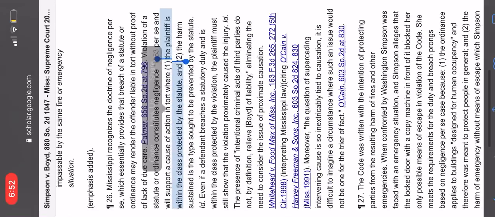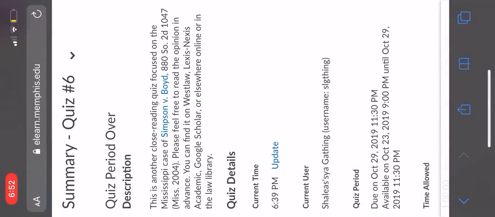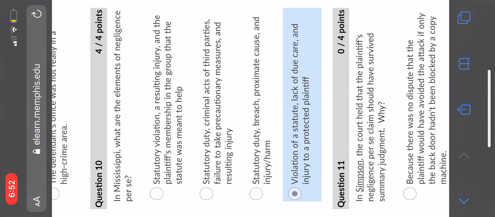So none of those other answers really exhibited that. Let me go back to it. This one tiptoed towards that, but I don't feel like it was specific enough because it just said injury to a protected plaintiff.